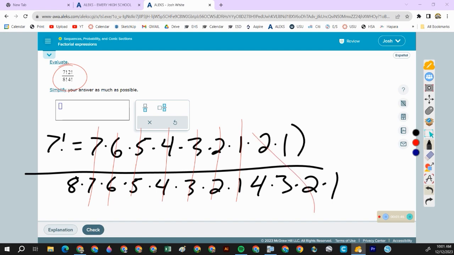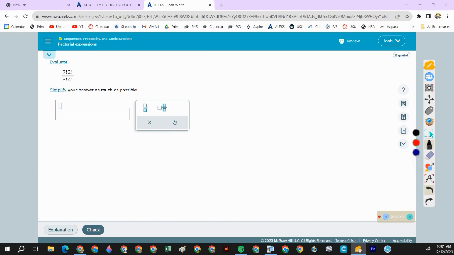And everything on top is gone. And on bottom, I have 1 over 8 times 4 times 3. So 1 over 96. Okay. And if you think about it enough, you really don't need to do all that work.